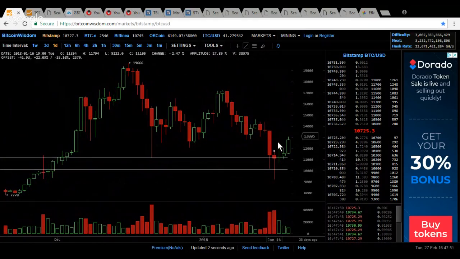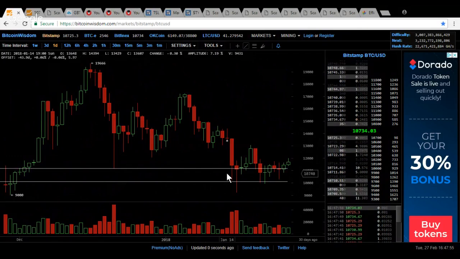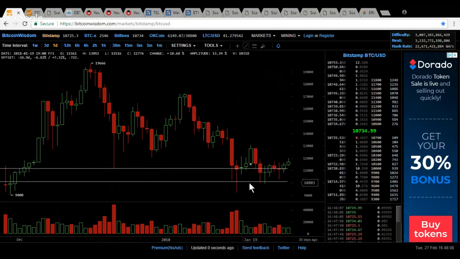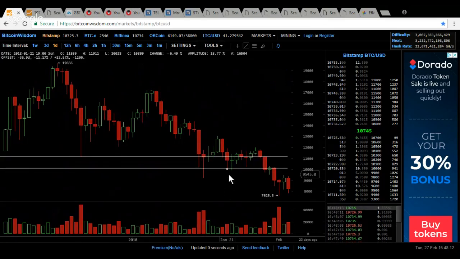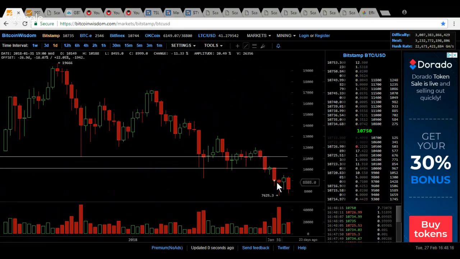And then again on the third attempted correction down, we were stopped right on the 11,100 line on 6 consecutive days. 3 of those days came down to the bottom line of 10,100 and rejected, found support and rejected the downward movement until we finally broke it.